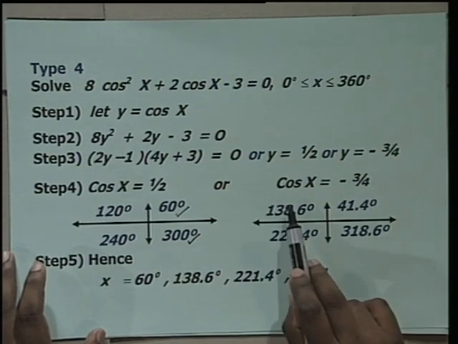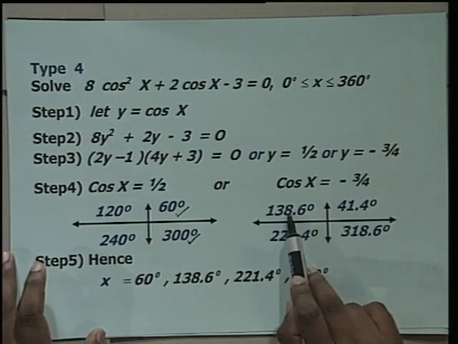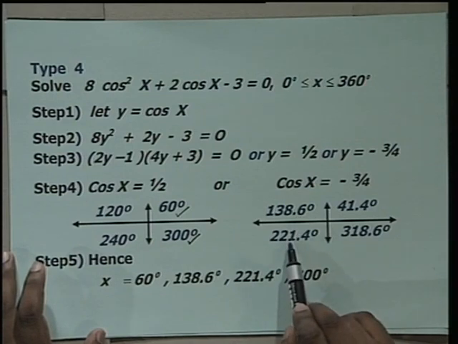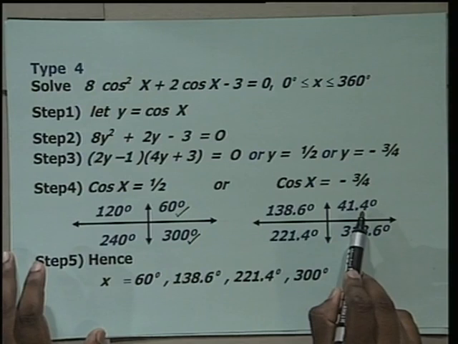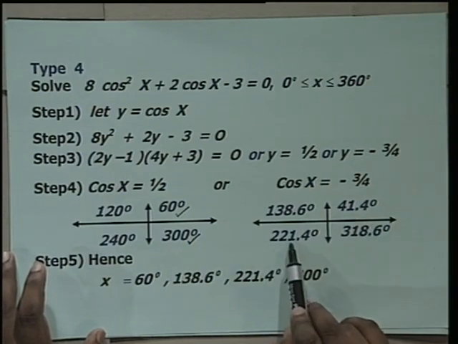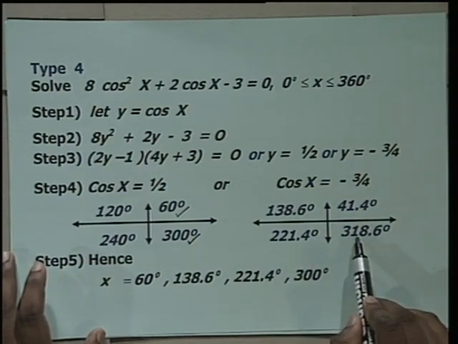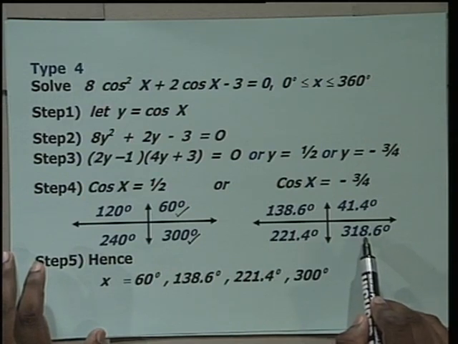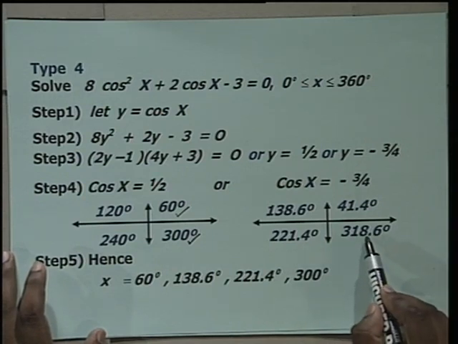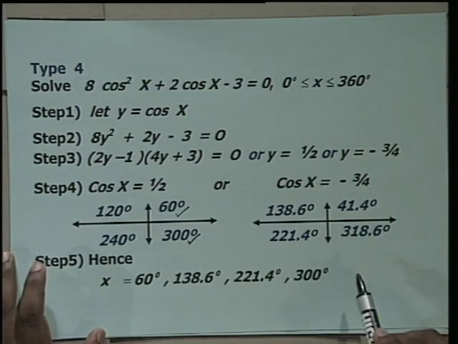In the second quadrant, 180 minus 41.4 is 138.6. In the third quadrant, 180 plus 41.4 is 221.4 degrees. In the fourth quadrant, 360 minus 41.4 is equal to 318.6.